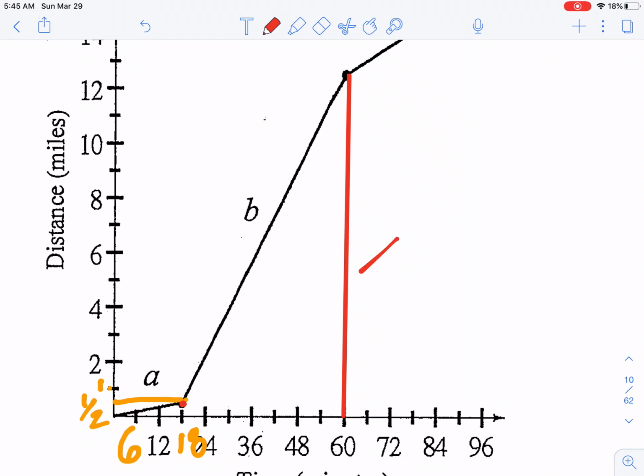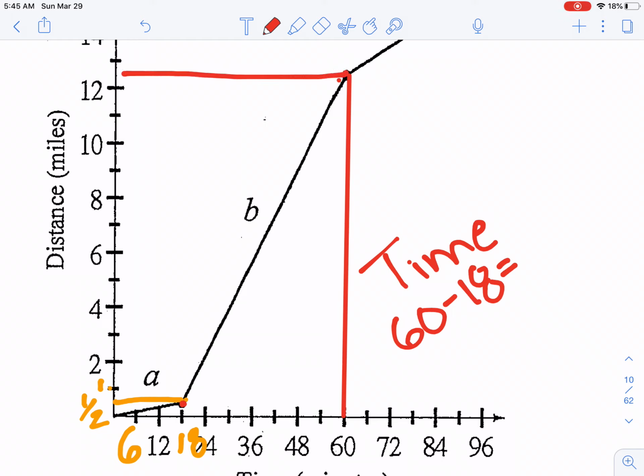So the time was 60 minus 18. And the distance she traveled looks like 12 and a half up there.